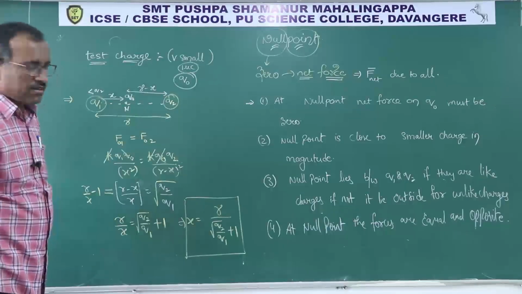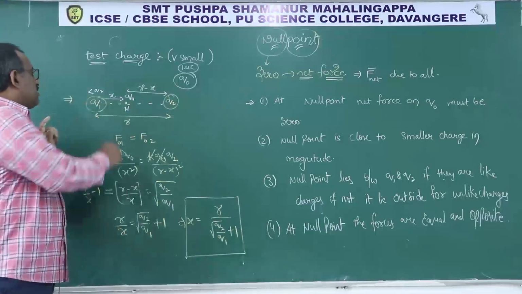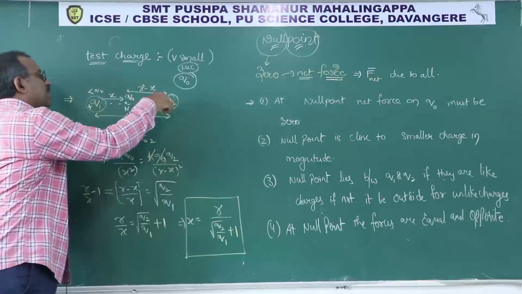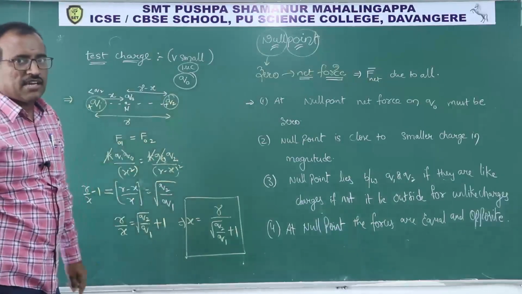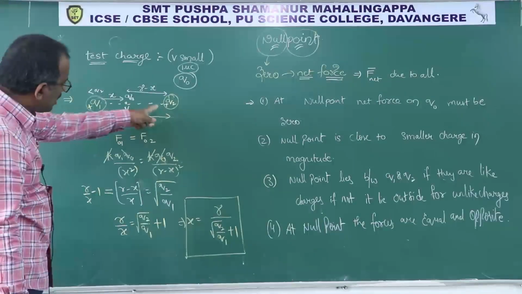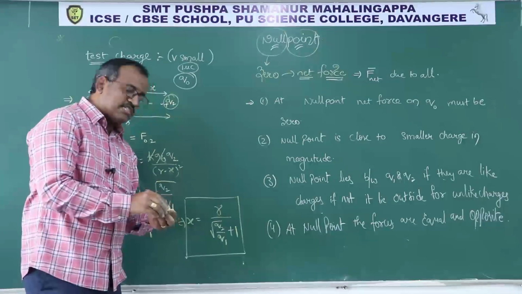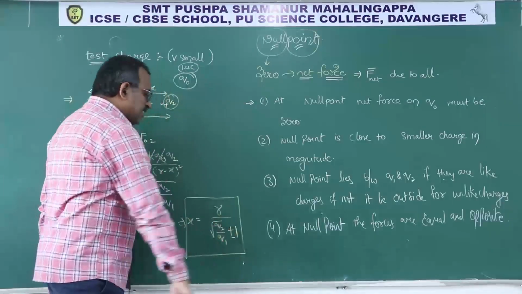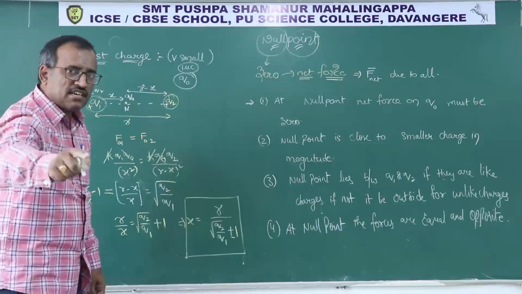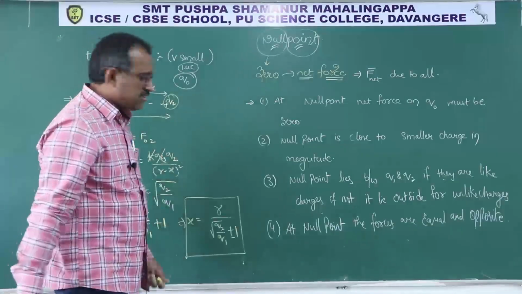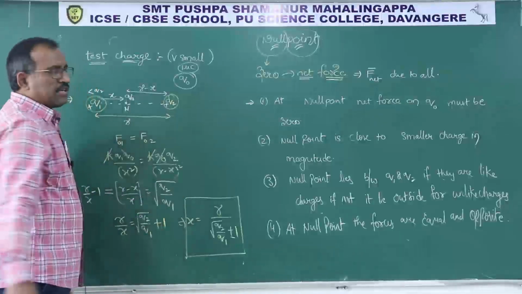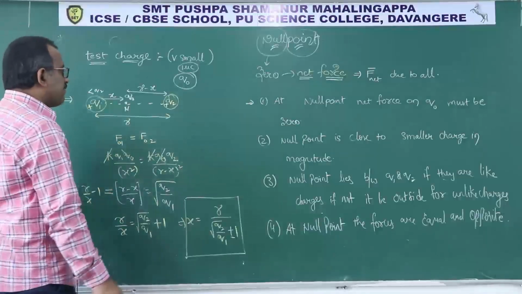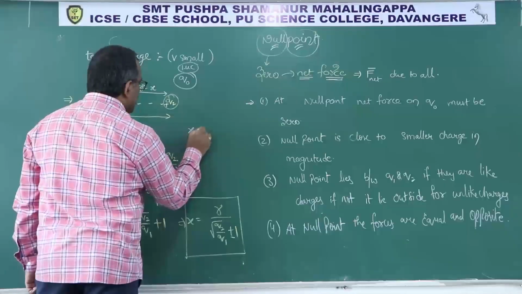Please make sure when similar, this is plus, this is also plus. When you take similar charges, you get here plus. When you take dissimilar charges, you will get here minus. My sincere and honest suggestion is, don't learn this formula by heart because they will confuse you. You learn the formula like this.